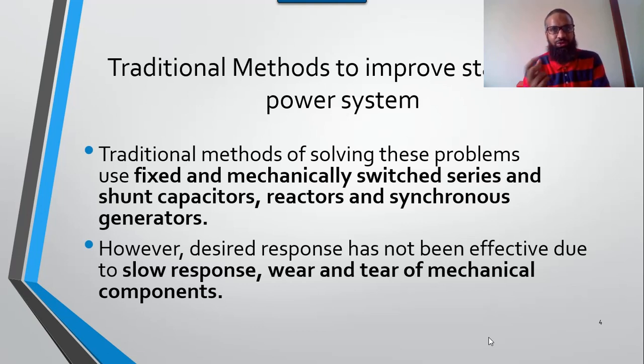The traditional way to improve this stability is fixed mechanical switches, with capacitors or reactors connected in series or parallel. It will improve the capability of the system, but these systems are comparatively slow. Their response is very weak or slow.